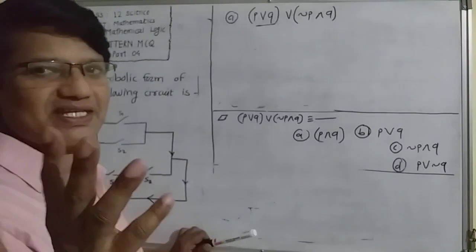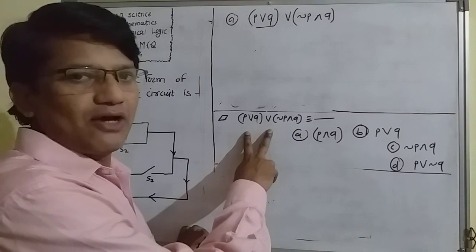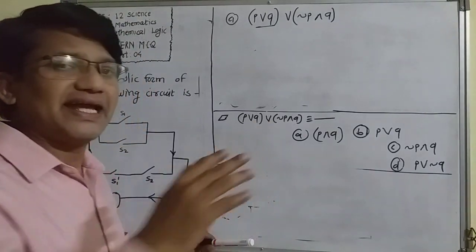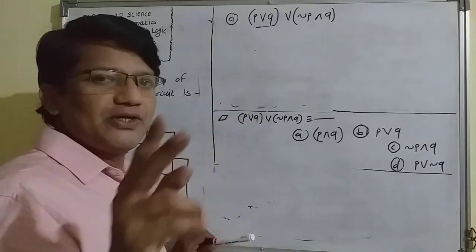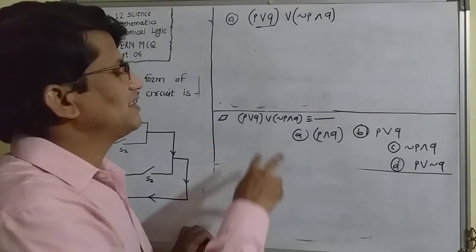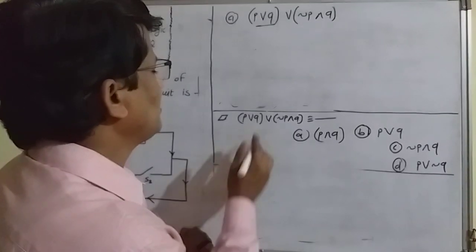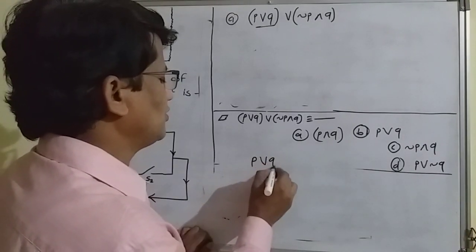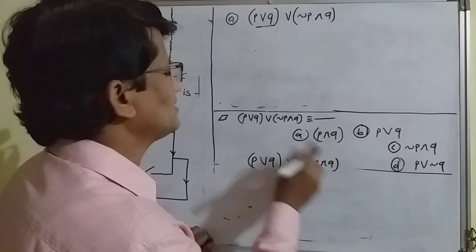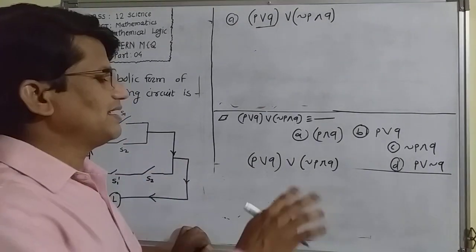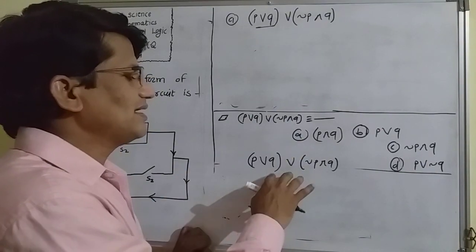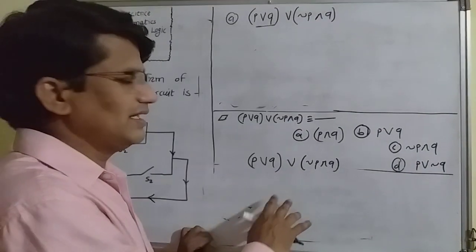Most examples of this type we have already discussed in the last videos on how to simplify. Generally 99% of examples can be solved by using the algebra of statements or the rules of logic statements. Here the statement pattern is P or Q, or negation P and Q. We cannot apply the distributive law, commutative law or associative law here, and if we apply them, the answer will not be obtained within the time.